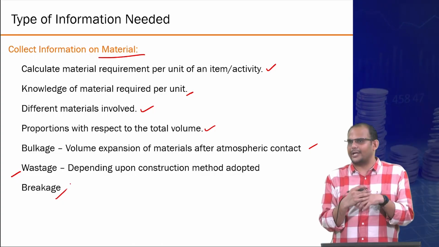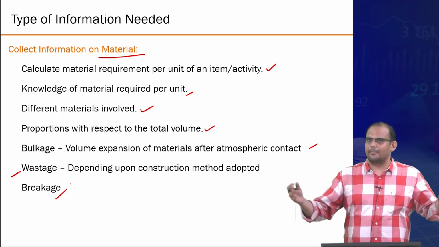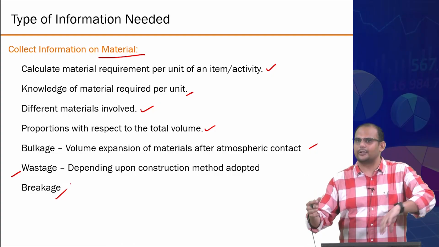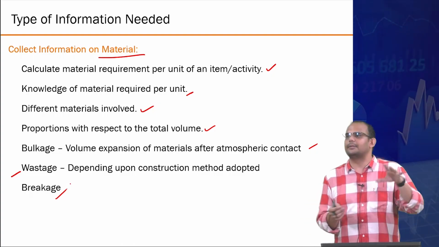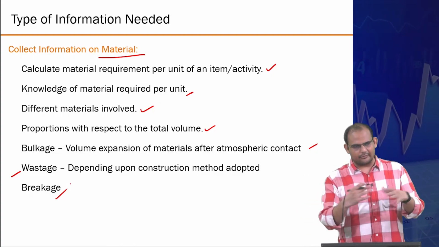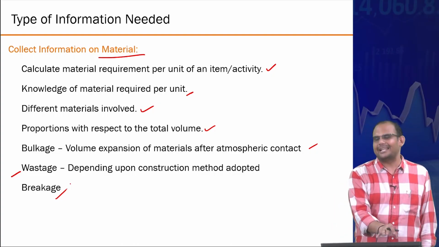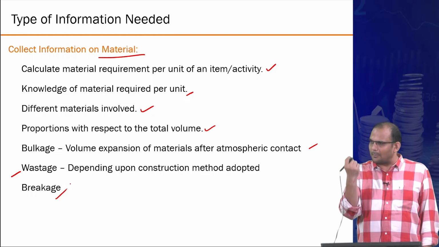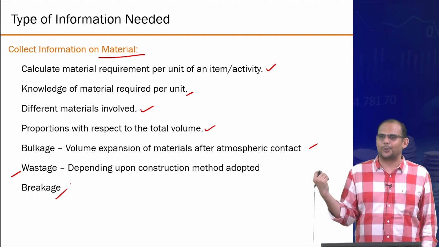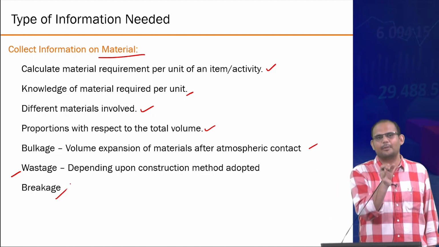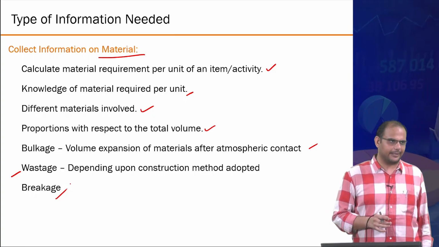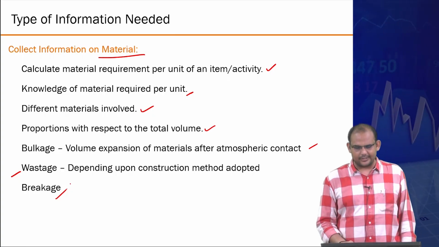Because small bars, you can never use them again. Longer bars as additional material, you can even sell them back, and you can use them in some other activities. So all of this is information required. So immediately you can see just the material calculation can become so complicated because there are so many different details involved in it, right?